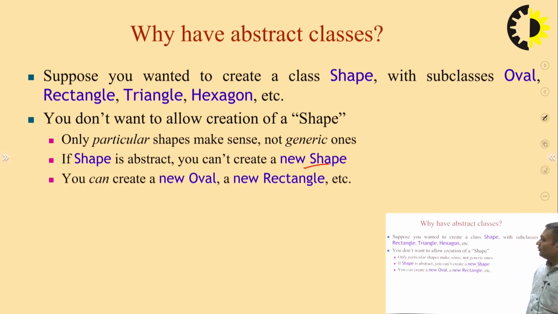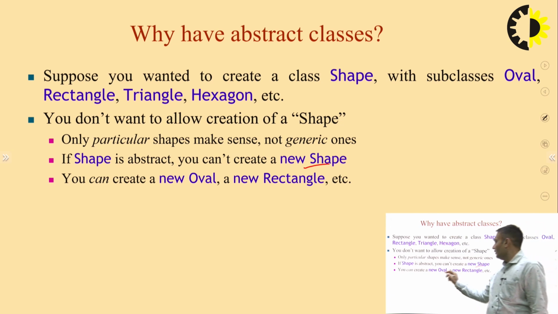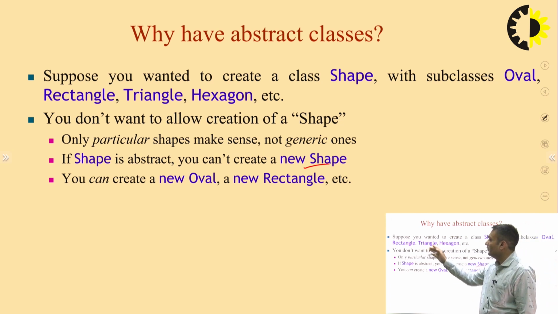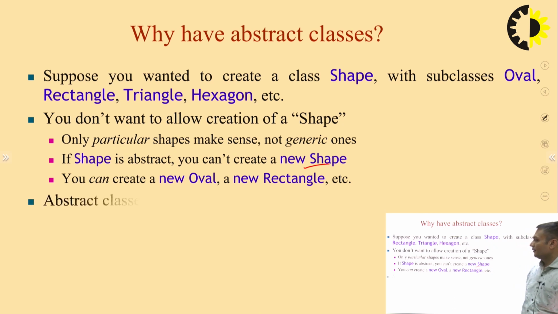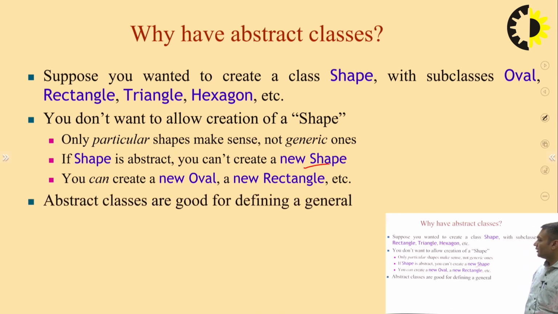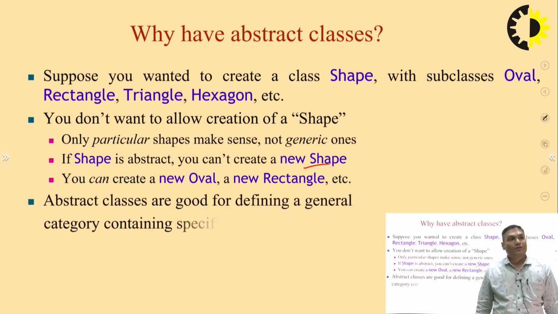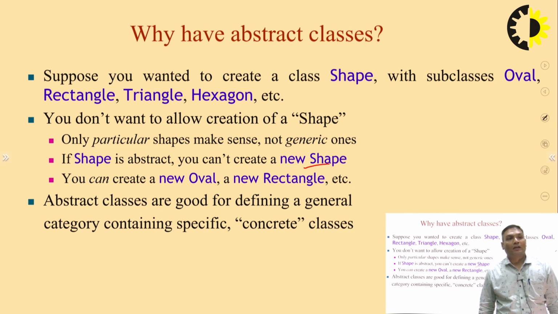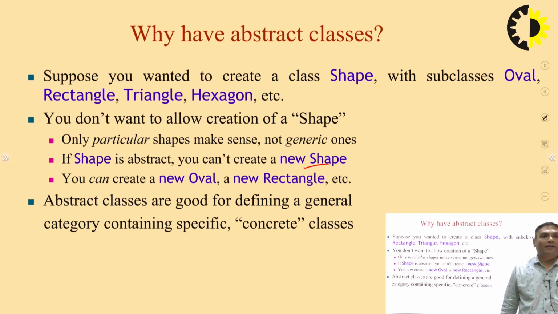What you can do is create a new oval, new rectangle, new hexagon, new triangle, etc. Abstract classes are good for defining a general category of a class that contains some concrete information.